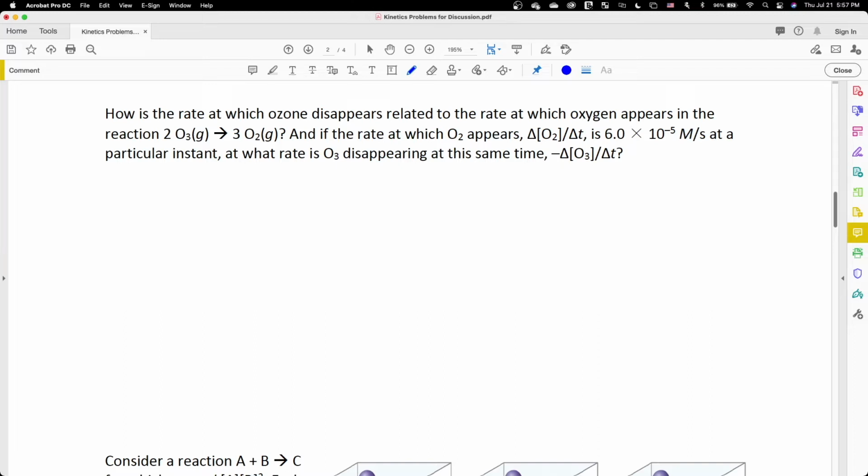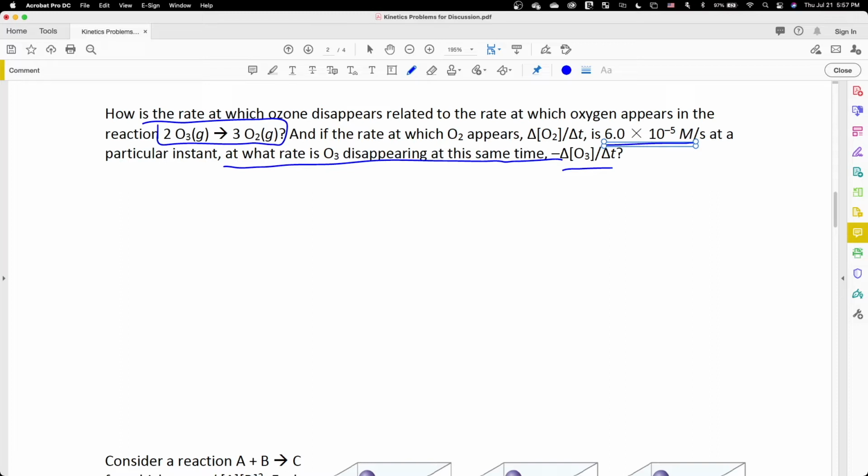And if the rate at which O2 appears is this rate right here, at this particular instant, at what rate is O3 disappearing? This is pretty easy because I've already given you a balanced chemical equation here, and you'll need that.